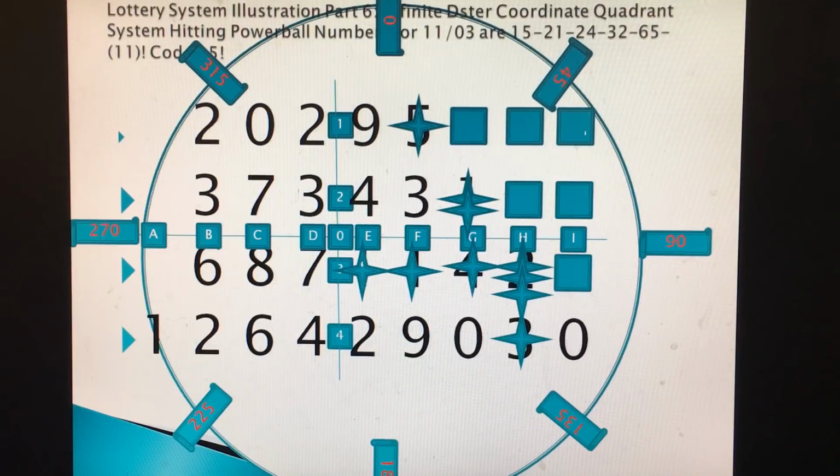Now, we are able to see that the secret infinite Dster has been revealed.